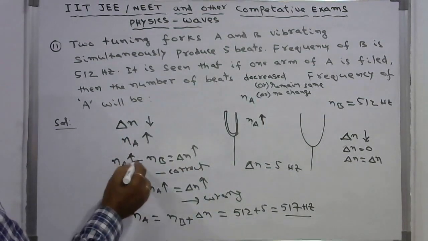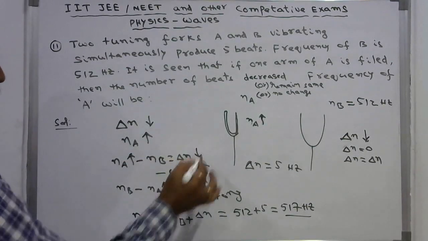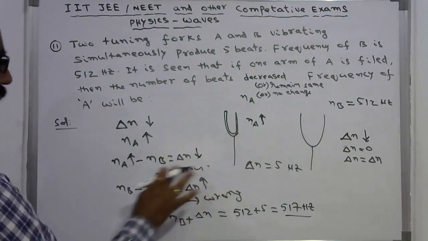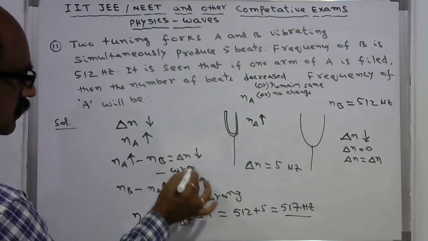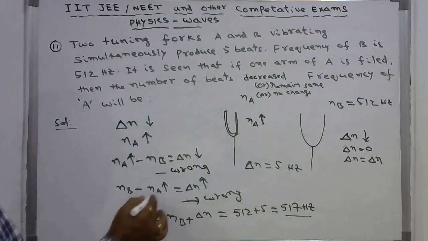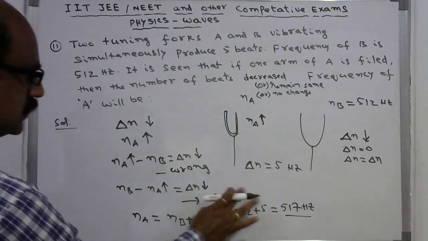But NA increased and delta n here it is decreased. So this becomes wrong. And this is decreased and this becomes correct.